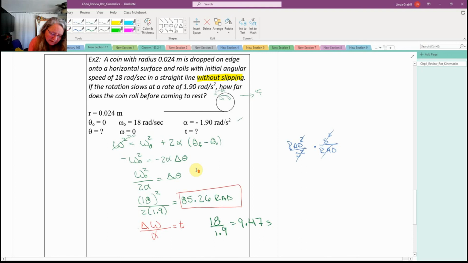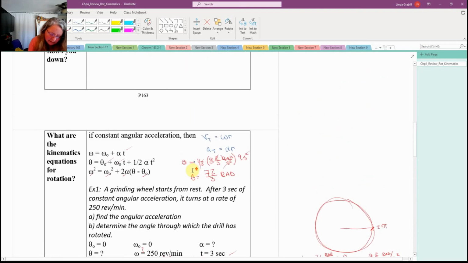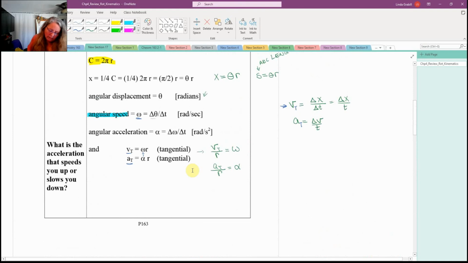Okay, so what did we say? We came back here and we said we have some conversions. I know how much time it took. I know what omega is. How can I go now to my displacement? Do I know the radius? Yes, I was given that.